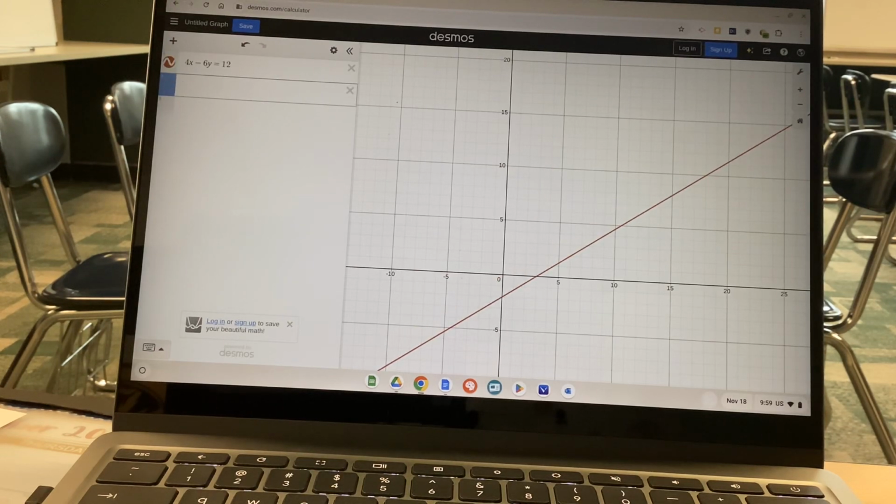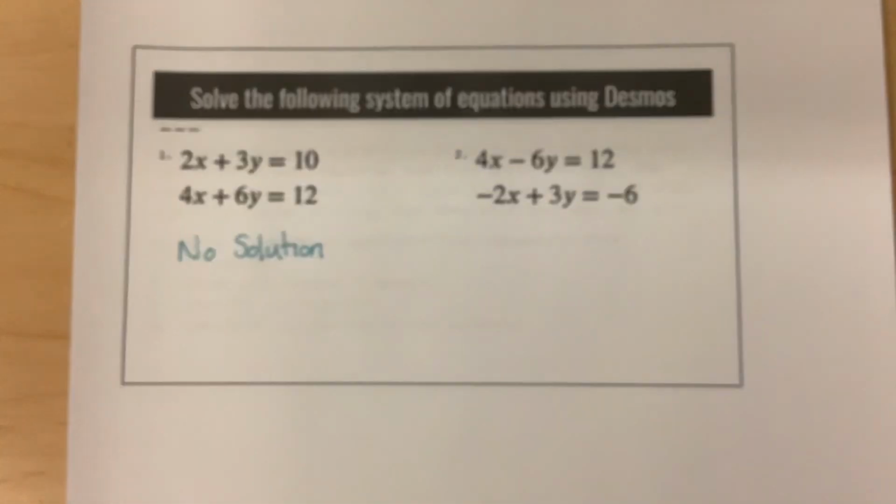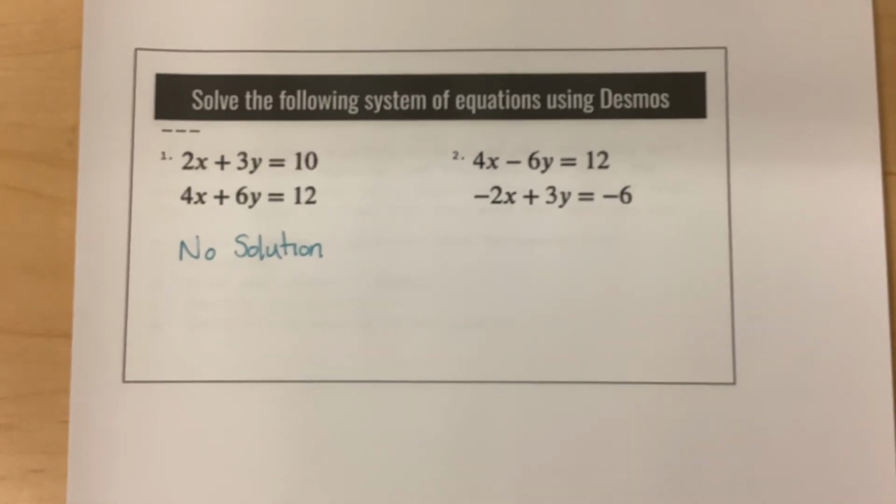And then we have negative 2x plus 3y equals negative 6. All right, if you look here, this one is one line right on top of the other. So that means that every single point on that graph is a solution. So coming back to my paper here, what I'm going to write for number 2 is infinitely many solutions.